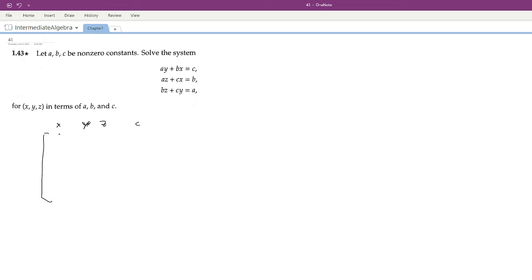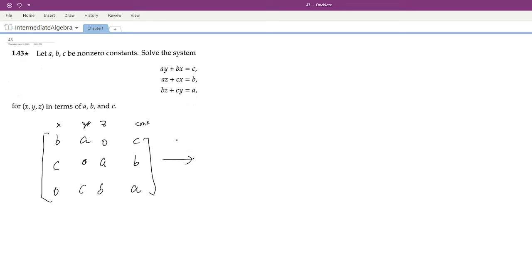So b and a y equals c. Then we have a z, 0 and a, and c equals b. Then the last one is b, c equals a.